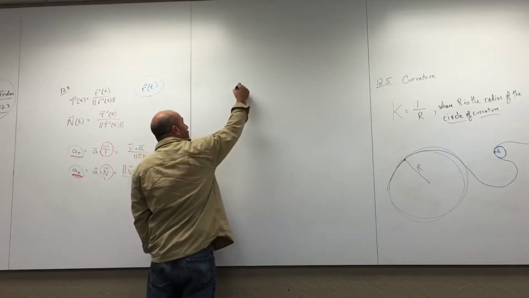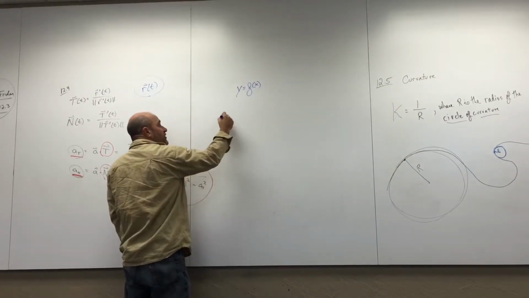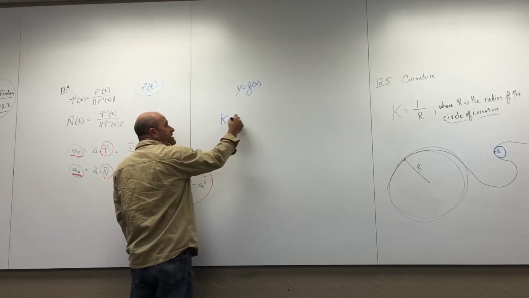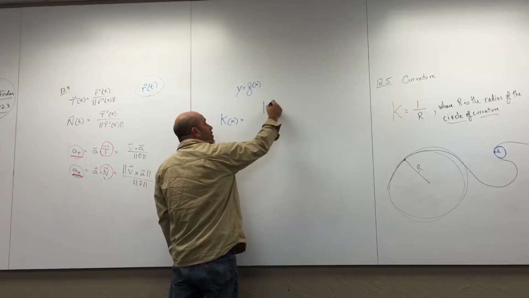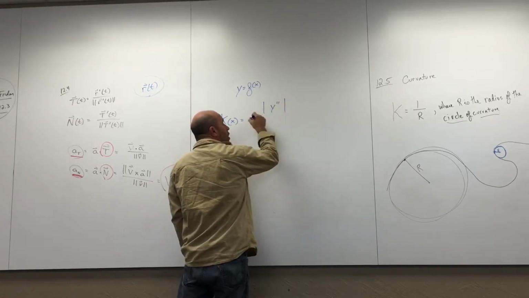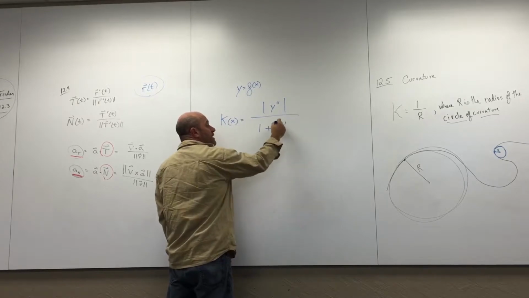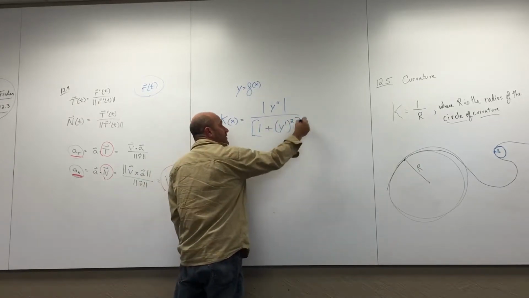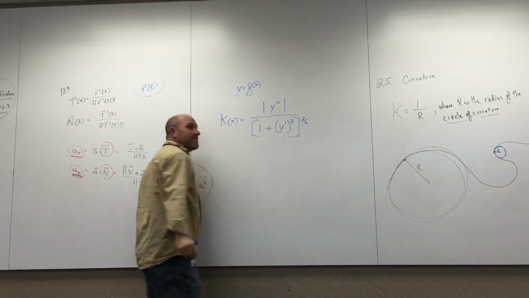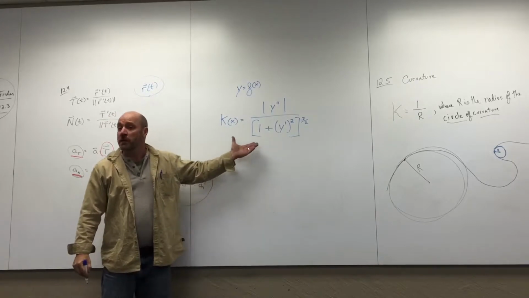And if I go back to good old y equals f of x, the curvature at any x is this formula: the absolute value of y double prime over 1 plus y prime squared, that whole thing to the 3/2. Maybe you can tell another reason why I'm giving you formulas for this chapter.